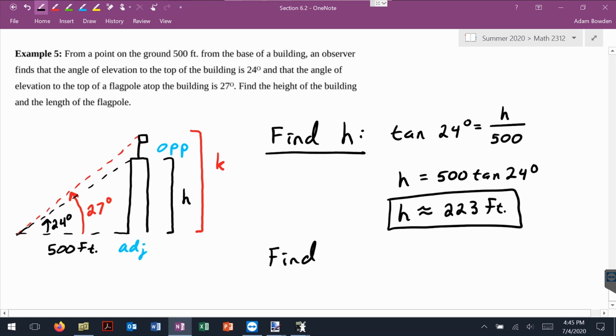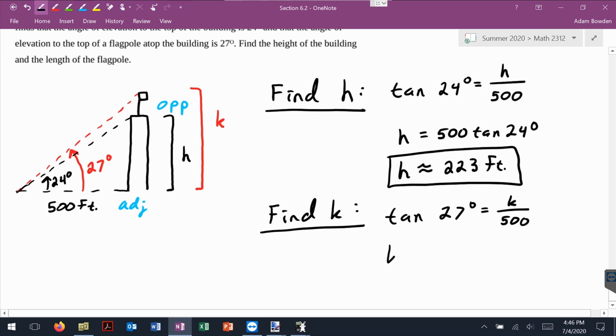Now to find k, we basically do the same thing. But we're going to use tangent of 27 degrees is equal to k over 500. So k would be equal to 500 tan 27 degrees, which will be approximately 255 feet.